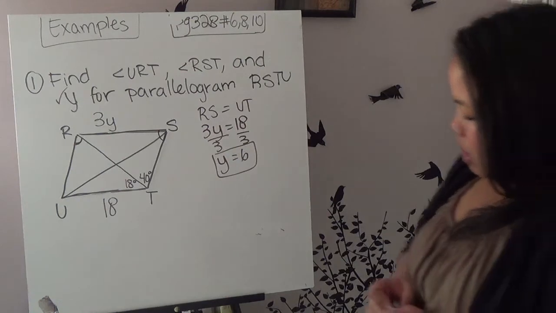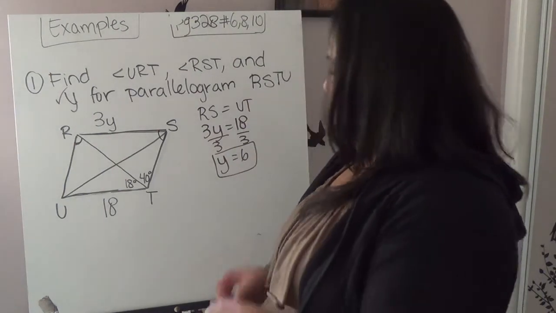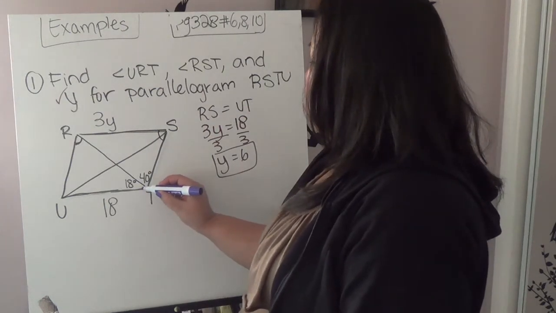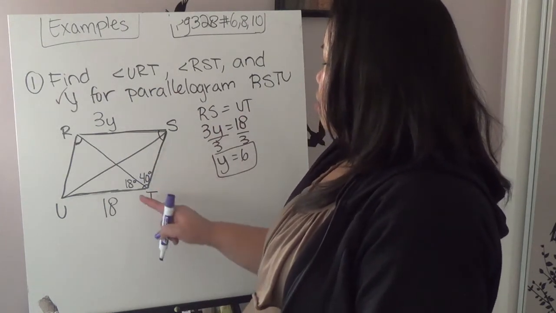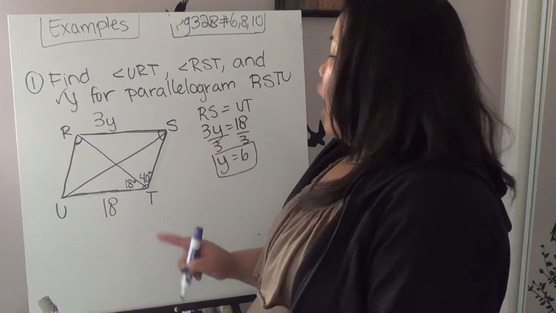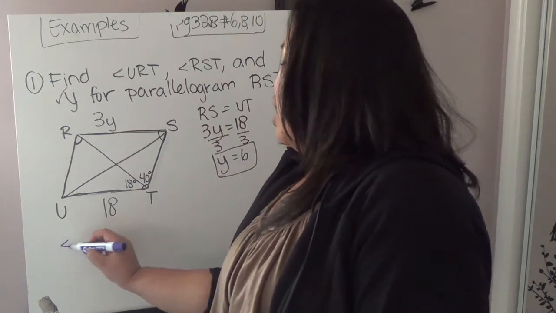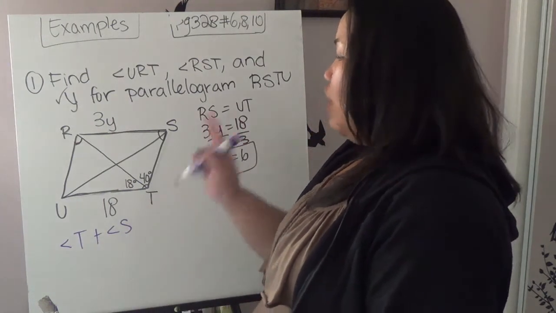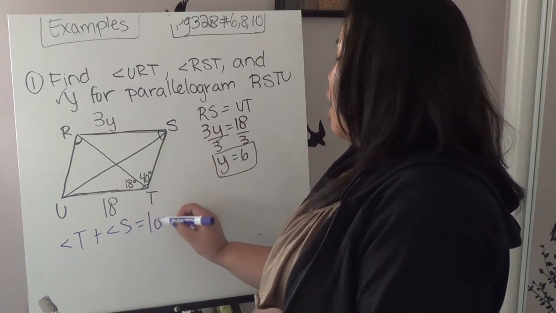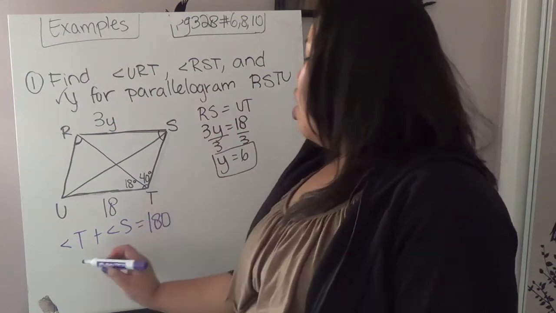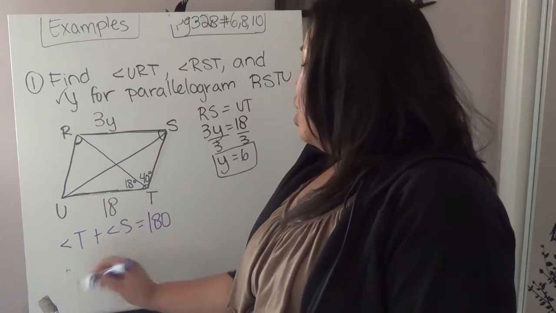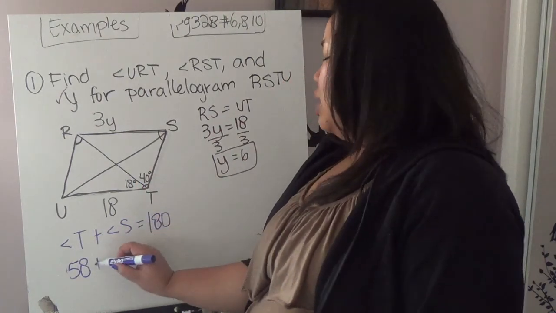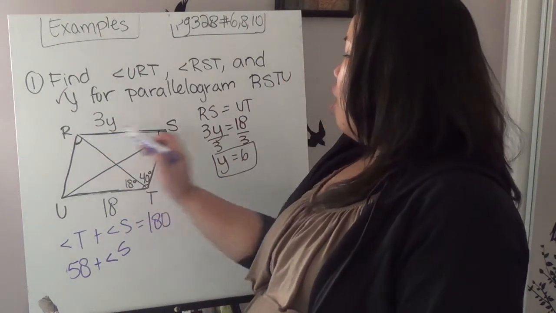The next ones are going to be a little more tricky. If I want to find RST, I know that this whole angle, angle UTS, is 58 degrees. I do know that angle T plus angle S, one of the theorems says if I add any two angles in a parallelogram, I should get 180. Now, if I know that all of angle T is 58 degrees, 40 plus 18, plus angle S, I can easily solve for RST.